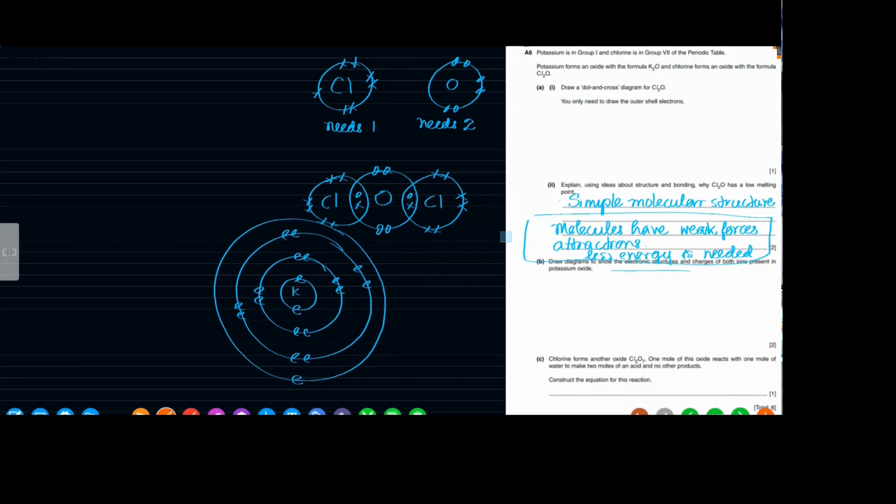And what will happen when it gives out the electron? First of all, you have to understand potassium is a metal, oxygen is a non-metal. So these two are going to form an ionic bond. Therefore, you get the potassium ion and the oxide ion. When we remove the last electron, it becomes a potassium ion.